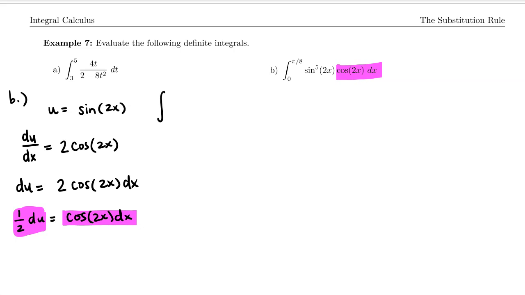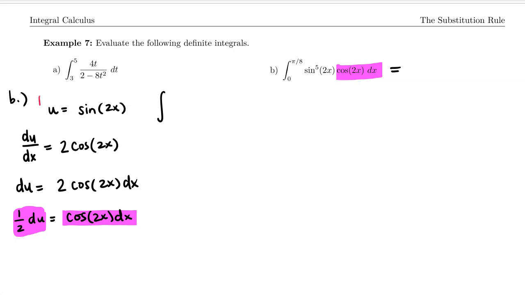So let's go ahead and take our original definite integral, and maybe to mix things up and to keep it spicy, I'm going to solve for new limits of integration, since I didn't do that in the last example.